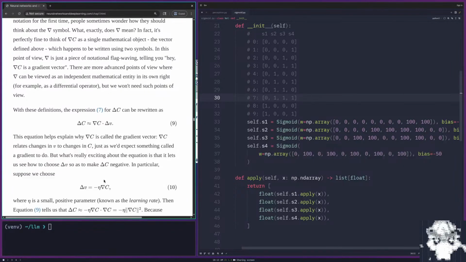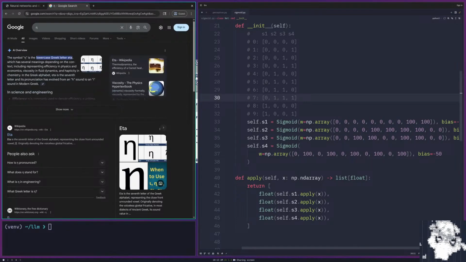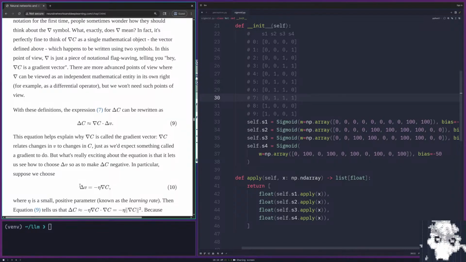In particular, suppose we chose delta V equals negative eta, how do I pronounce this symbol? Eta. Delta V equals negative eta times grad of C, where eta is a small positive parameter known as the learning rate.